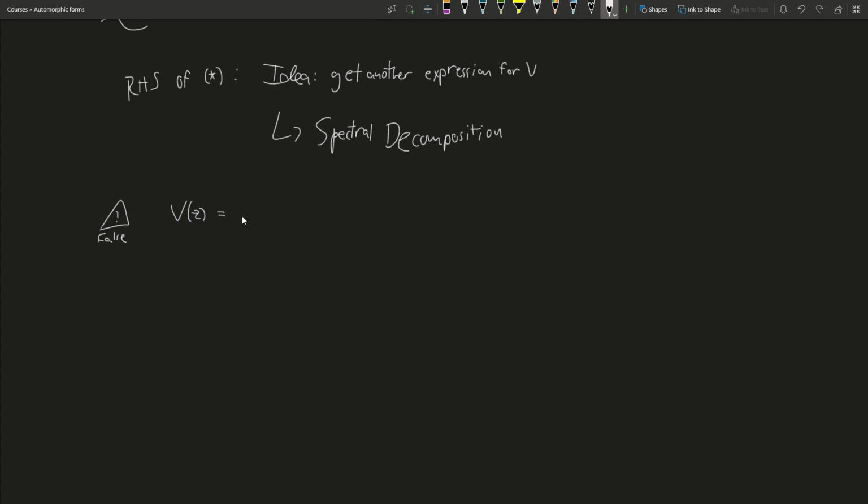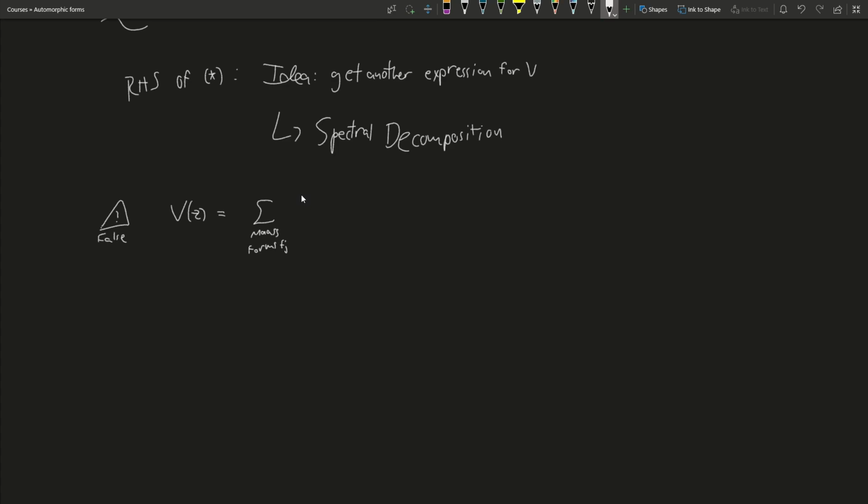So v of z is going to be equal to, and now there's going to be a sum over Maass forms fj. So when I say a sum over Maass forms fj, really what I mean is pick a complete orthogonal basis of Hecke cusp forms for the cuspidal subspace of the space of automorphic functions.